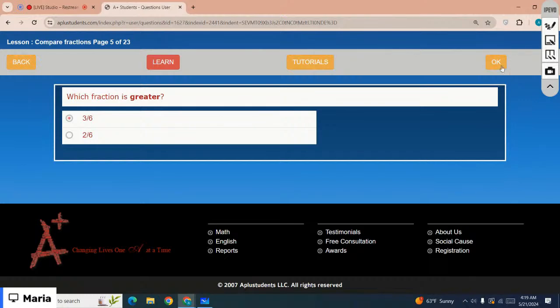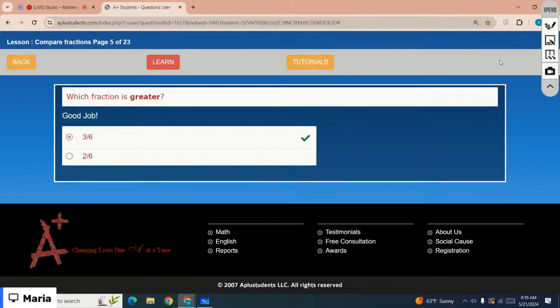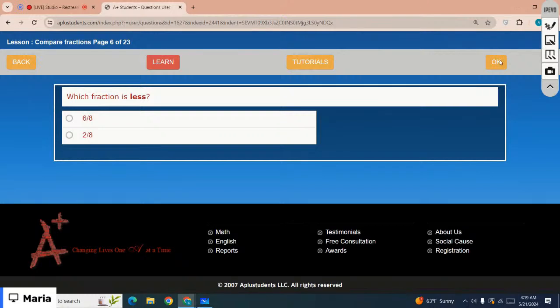Three by six is greater than 2 by 6. 2 by 8 is less than 6 by 8, right?